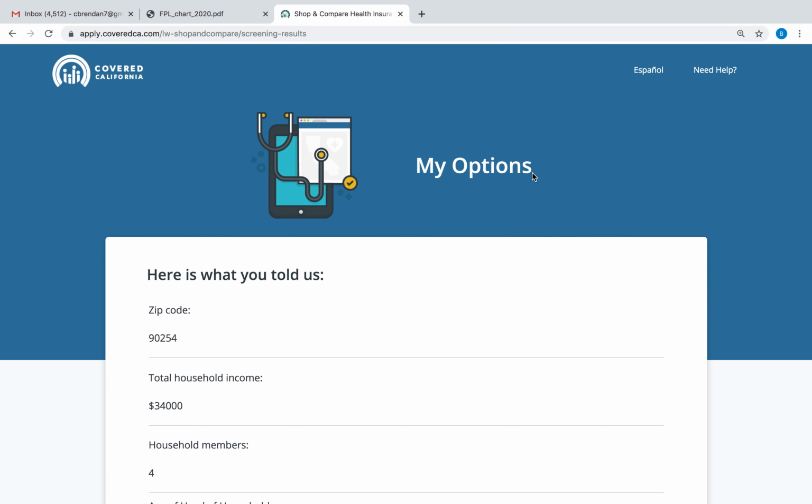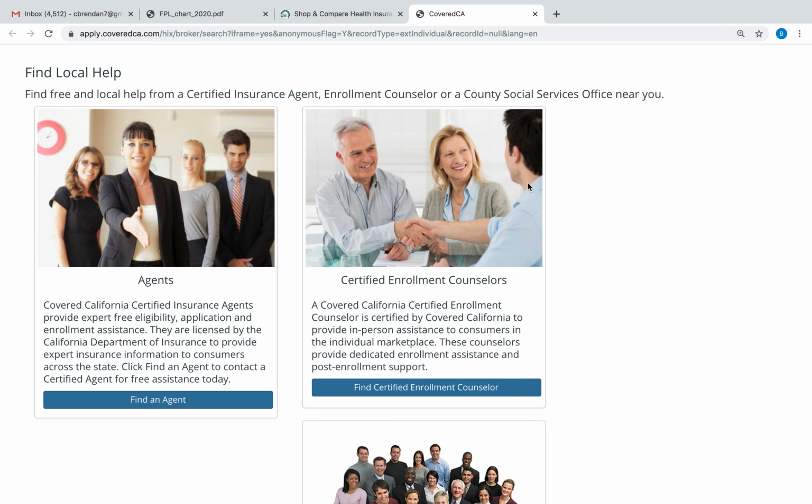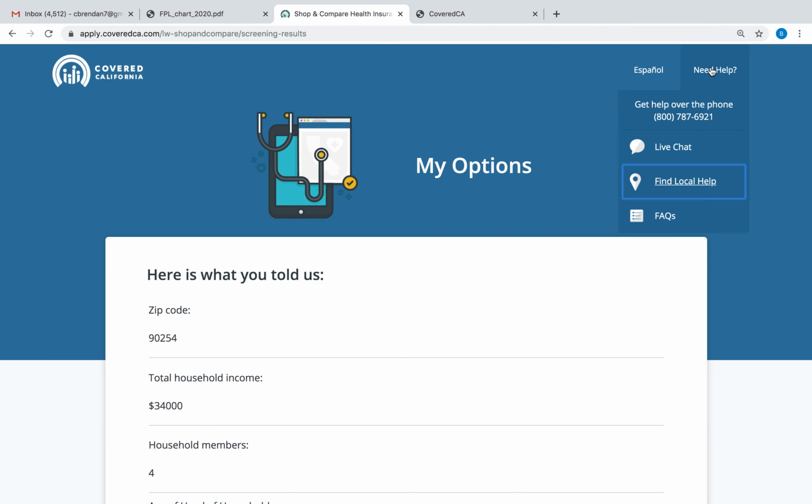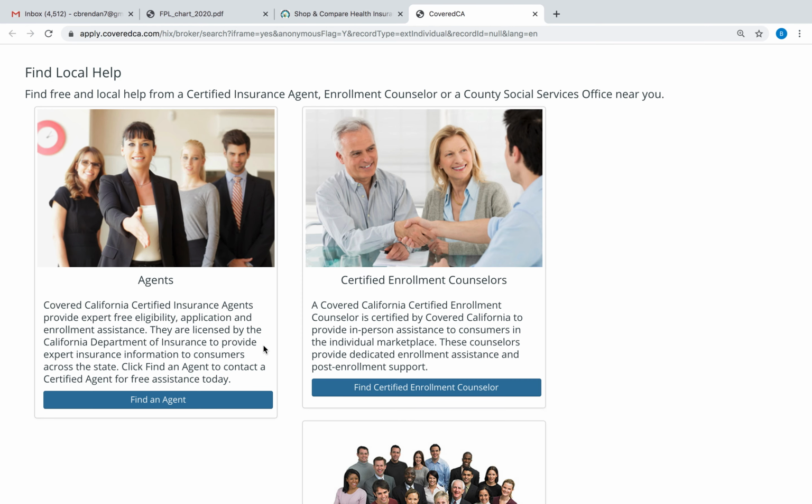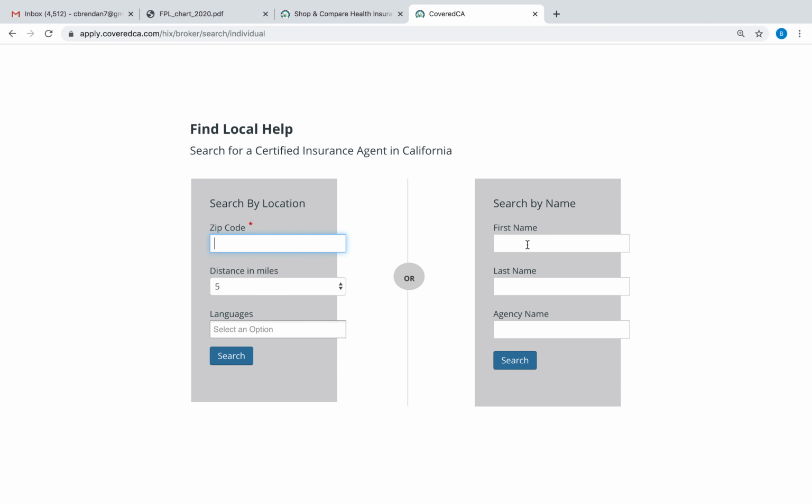If you ever wanted my assistance, please give me a call or shoot me an email. I'd be happy to give you advice or point you in the right direction. If you'd like me to help you with your account, you can go to that little sign up there, which was need help, find local help. This little window will pop open, find an agent. You can type in my name, Brendan.